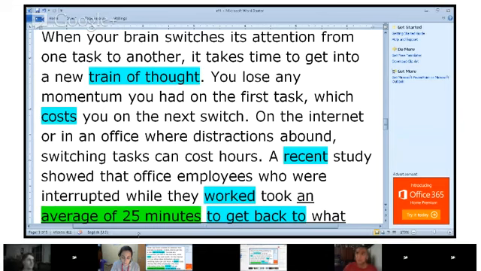I understand your sentence, but I don't understand what you're trying to say. Why do you think it's indirect? Sorry, Matthias, just give me one second. I understand your sentence, but I don't understand what you're trying to say.